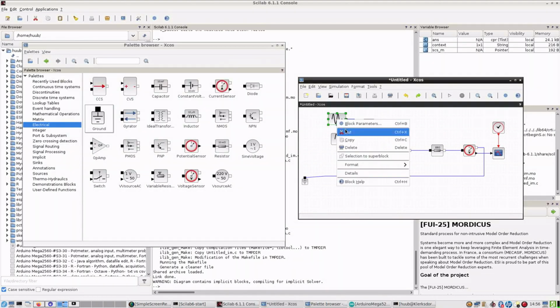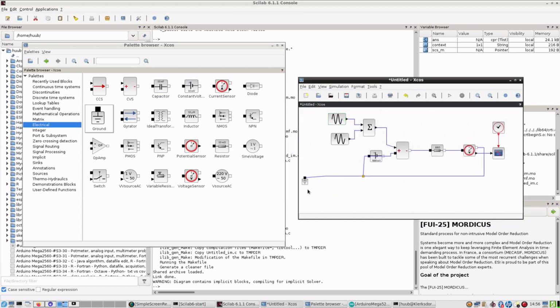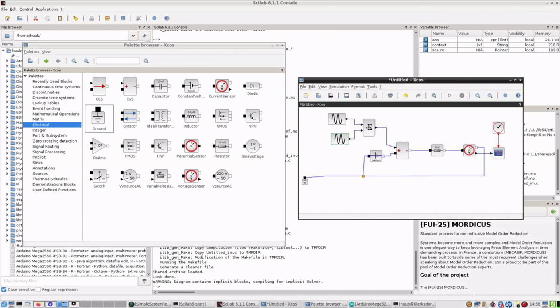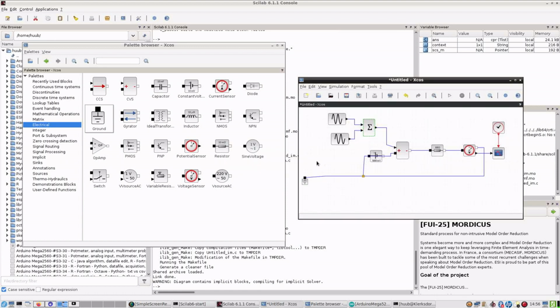So let's verify the parameters. And the point is, I can't actually set 0 level. Can I set something here? No, not really. So does it look like something with amplitude?